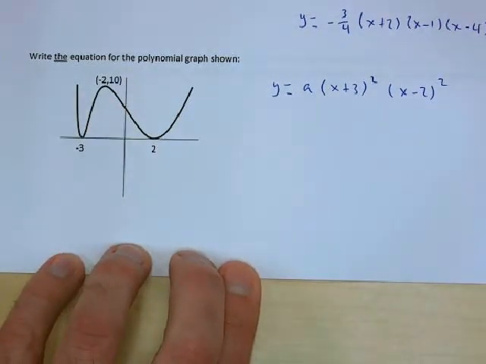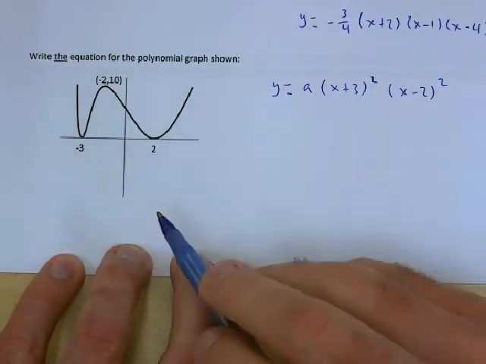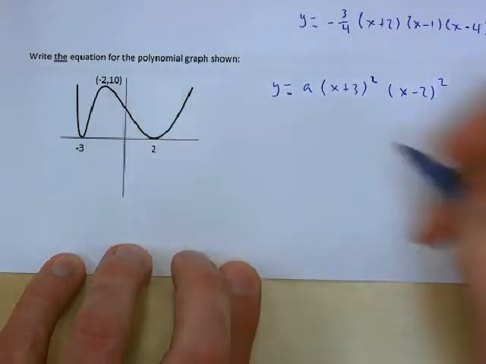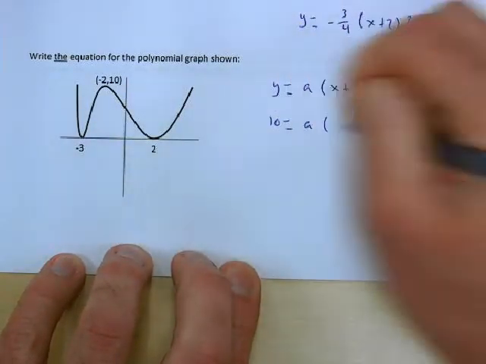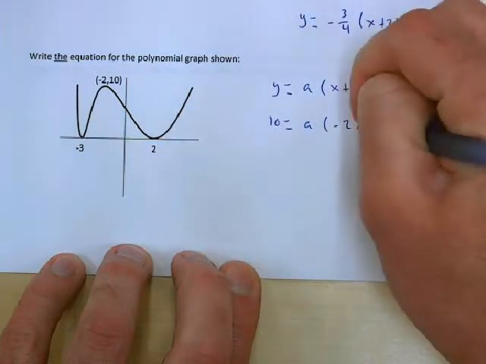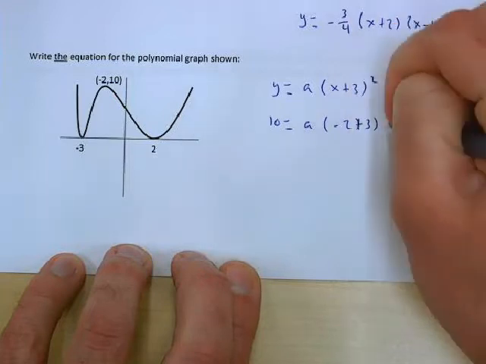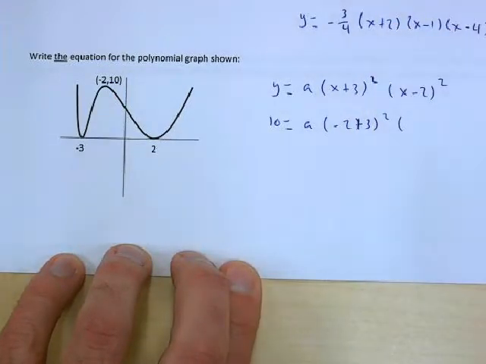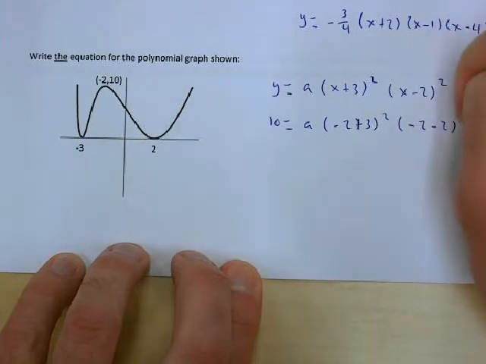And then how do we solve for that a value? Well, I want to use my other point, which they gave me, the point (-2, 10). I want to stick in x is -2 and y is 10. That'll give me 10 equals my a value times -2 plus 3, squared. I probably could have done this part in my head, but I started to write -2 already. -2 minus 2, squared.